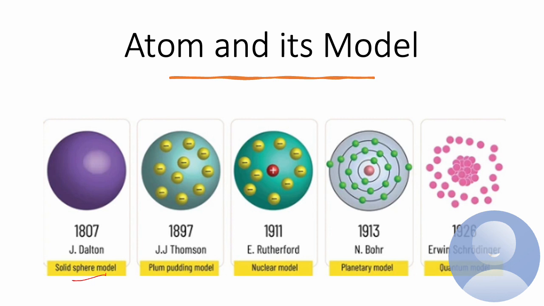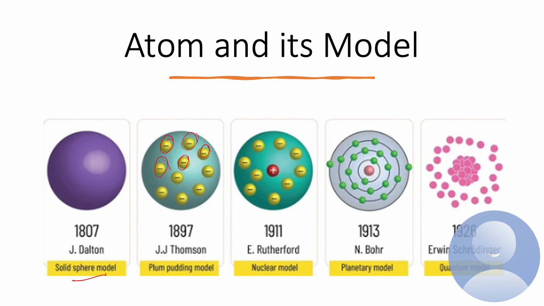In the late 19th century, we have J.J. Thomson. He experimented with cathode rays, and this led to the discovery of the electrons, the negatively charged particles.